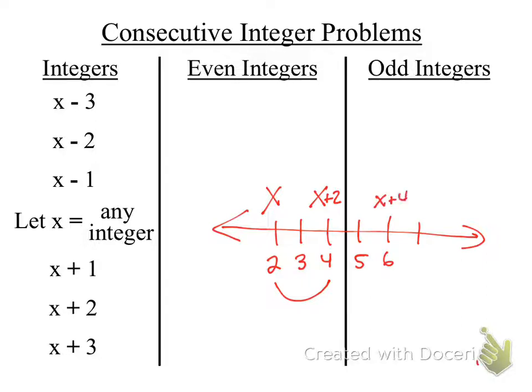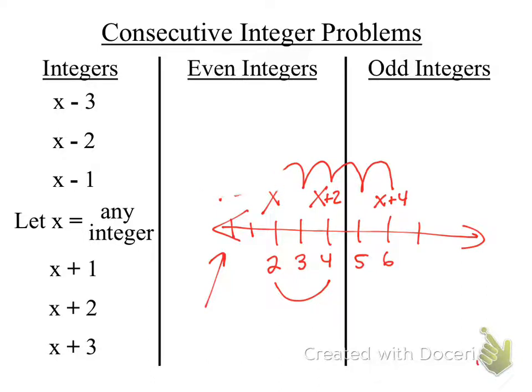X plus 4, because I jumped 1, 2, 3, 4 from x. Is everybody clear on that? And what would this one be called? X minus 2.